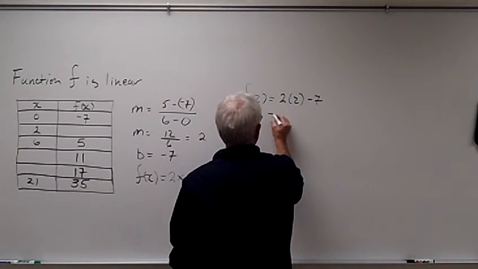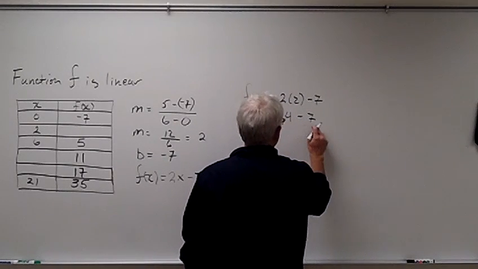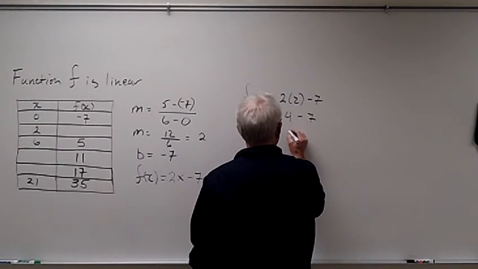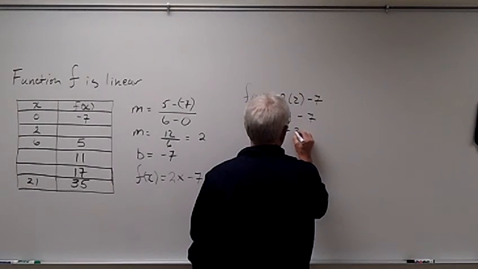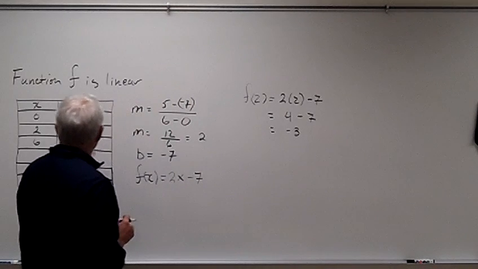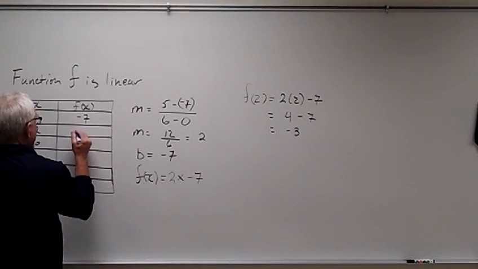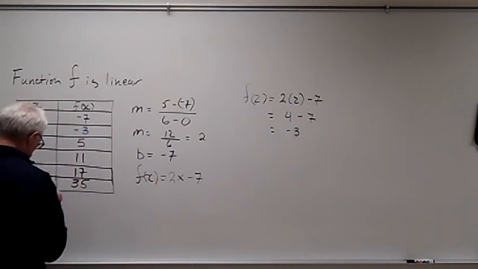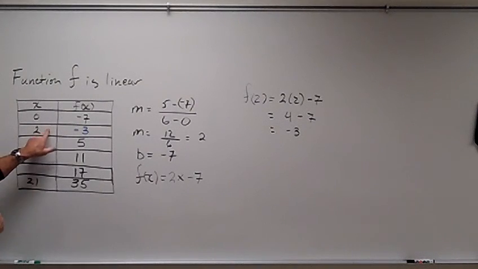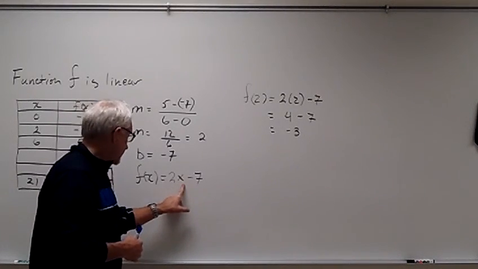To evaluate, 2 times 2 is 4, and 4 minus 7 is negative 3. So the value that belongs in our table associated with 2 is negative 3. And notice we found that by substituting the 2 in for x in our linear equation.